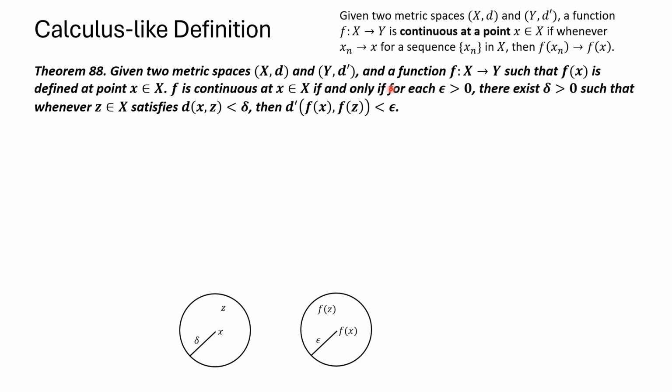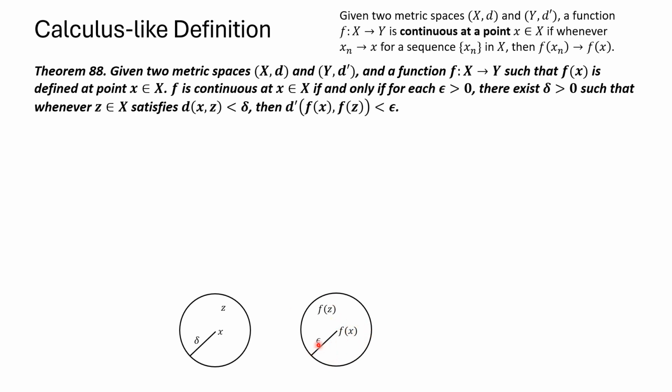So what the theorem is saying is f is continuous if for every epsilon greater than 0, we pick an epsilon, then we're able to find a delta such that every z in the open ball about x, open ball of radius delta, implies that f of z is within epsilon of f of x.